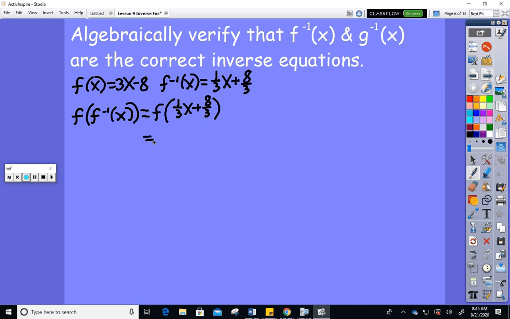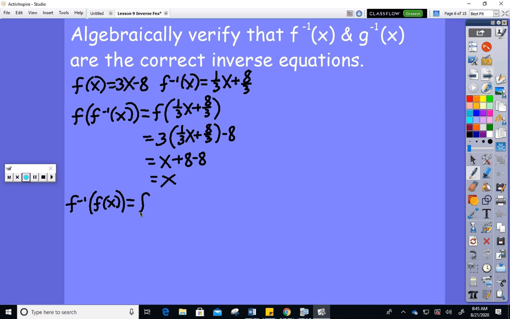If I want to plug something into f of x, I say 3 times that something I'm plugging in minus 8. I distribute. I get x plus 8 minus 8. Man, smooth as silk, guys. If I get x with almost no effort, then you know truly you have found a pair of inverse functions. I'm 50% done. I need to be 100% done.